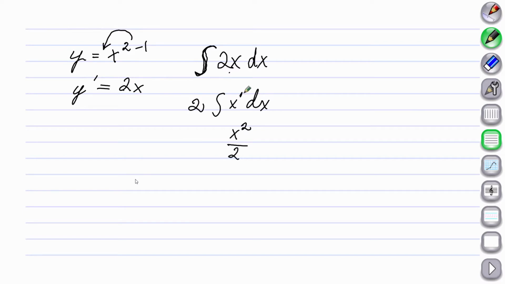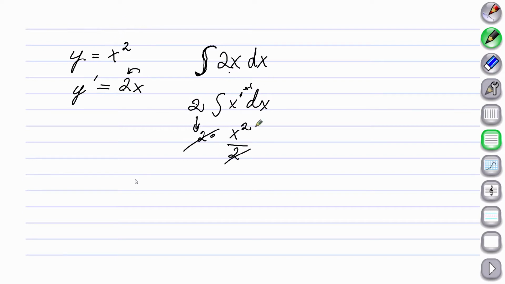Instead of decreasing it like we did here, we're going to add 1 instead of subtracting 1. And instead of multiplying by 2, we're going to divide by 2. Now, we originally had this 2 here, so we just bring that down. And these 2's cancel. And what do we get? We get x squared. See, and that was our original problem, huh?